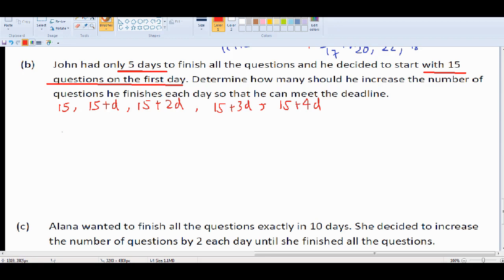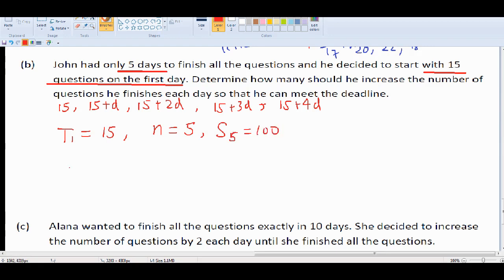For John, T1 is 15. D is unknown, but we know the number of days must be 5. So we know S5 must be 100.